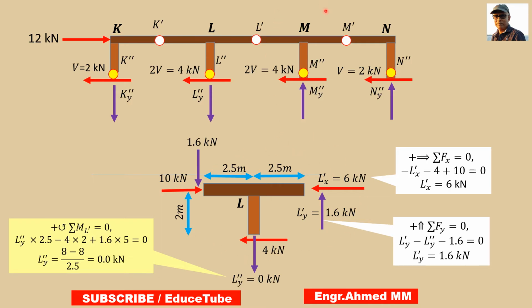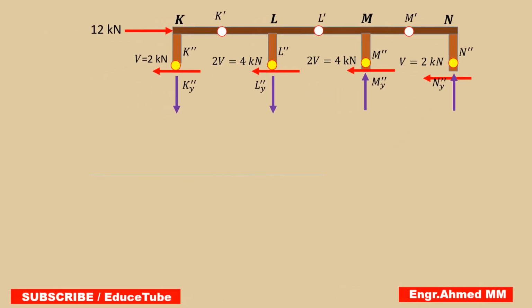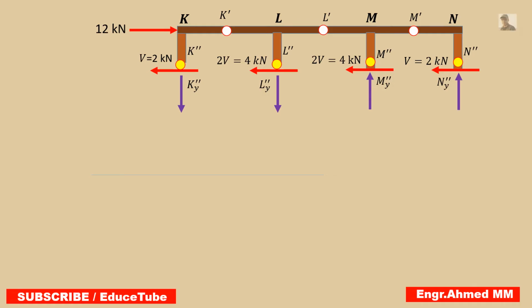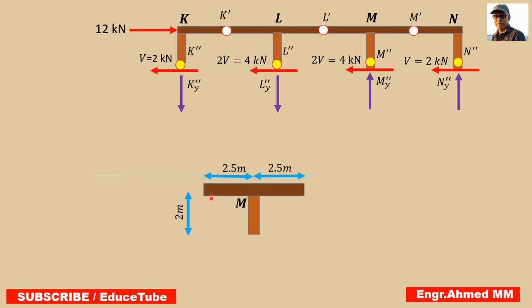Now let's move to the M segment. So let's bring down M segment. What we'll do here? Same procedure we have to follow. We need to see what are the reactions component at this point.